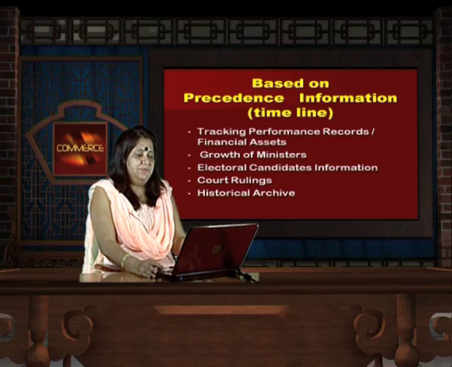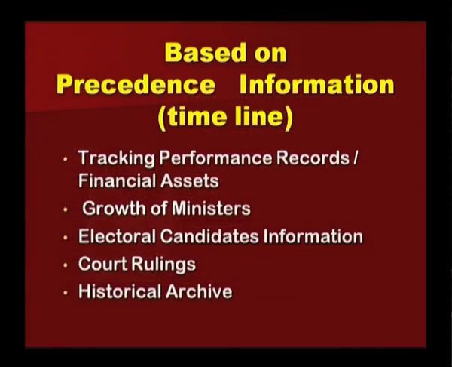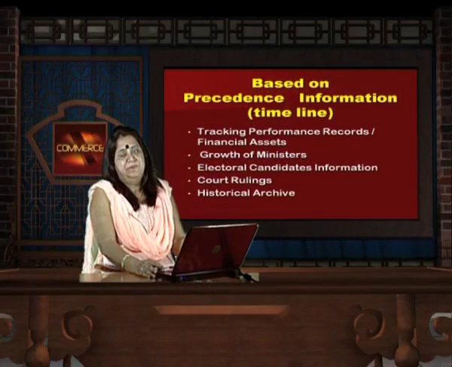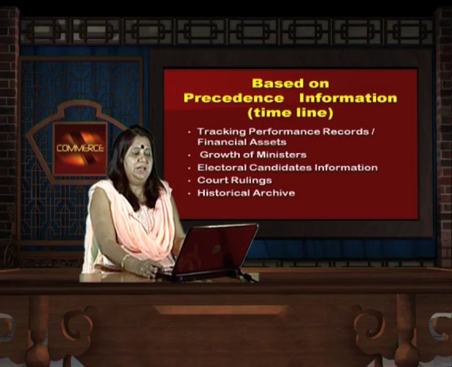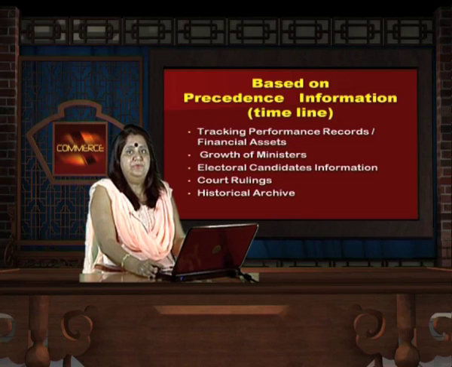Based on precedence, information and timeline, what is this comparative analysis model? This is tracking performance record, financial assets, growth of ministers, electoral candidates' information, court rulings and historical archive. So, this is just theoretical, where we try to get the information about the ministers and about the working of the officers, their postings and their addresses and their email IDs, or we can put the views on the blogs.